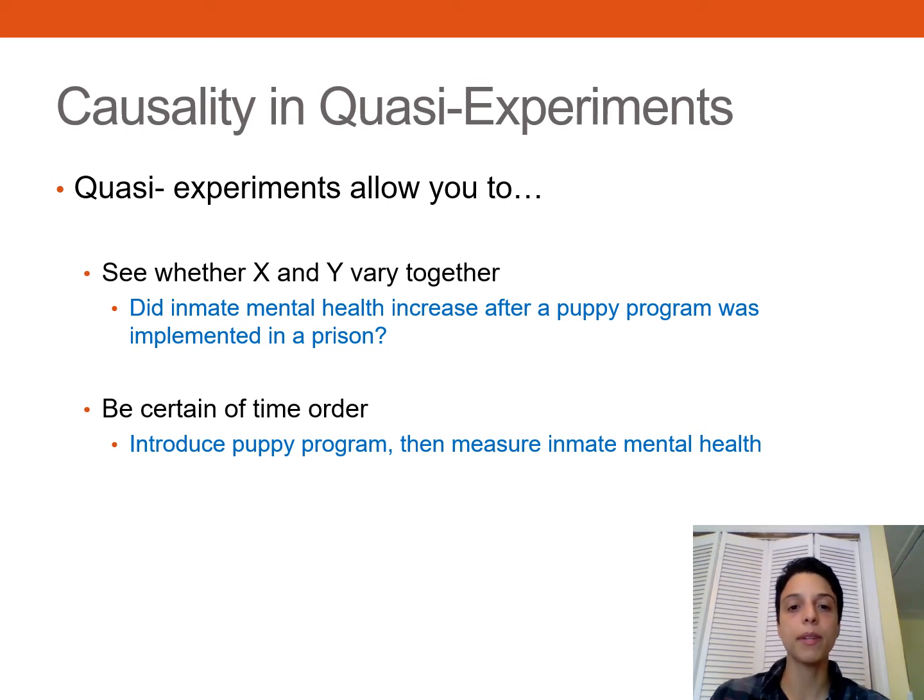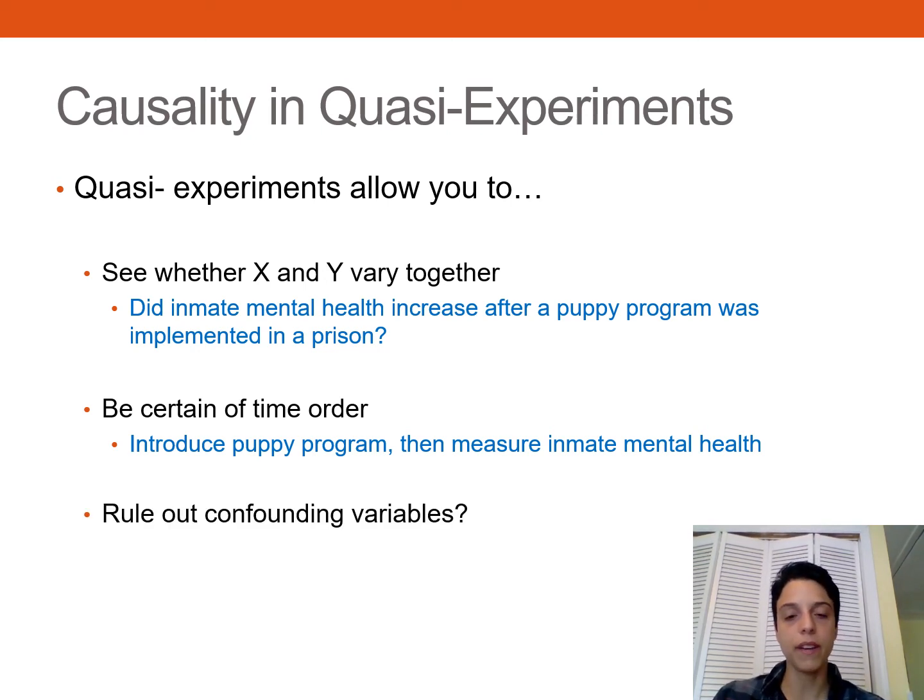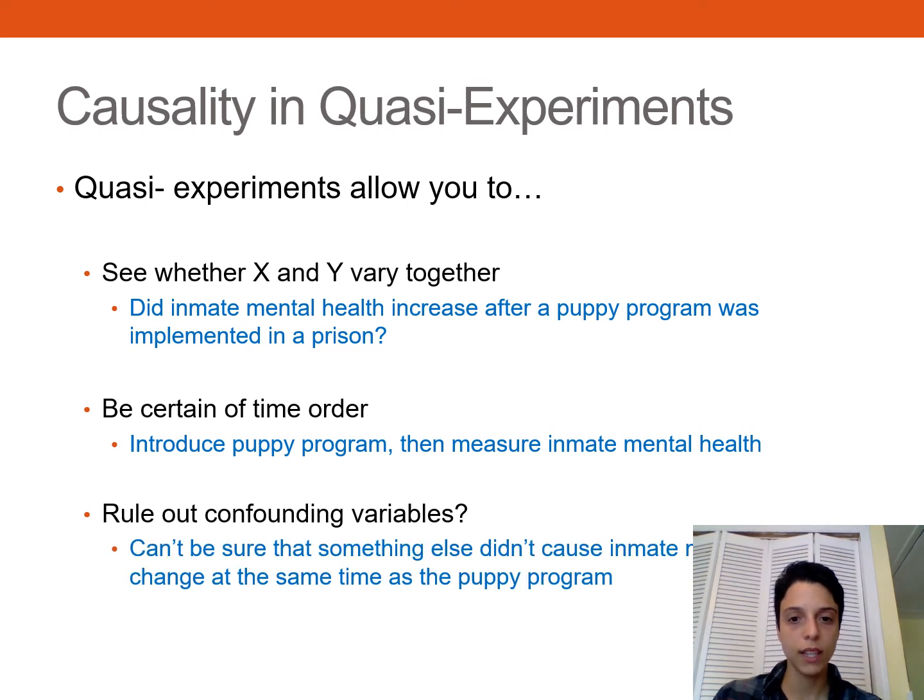But what quasi-experiments don't allow you to do is rule out confounding variables. So for example, if you're looking at mental health outcomes and comparing them to some baseline from before the program is implemented, you're going to run into a problem, which is that something else might have caused changes in mental health during that time.